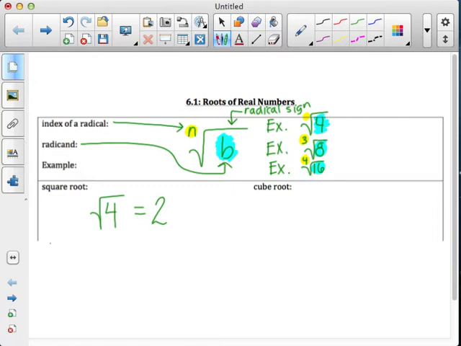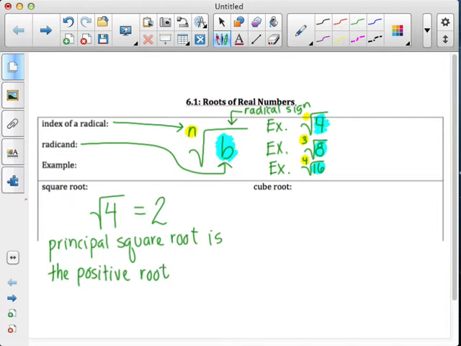And the principal square root is positive. So it is the positive root. So here, when I see square root 4, my answer is 2. This is the principal root.